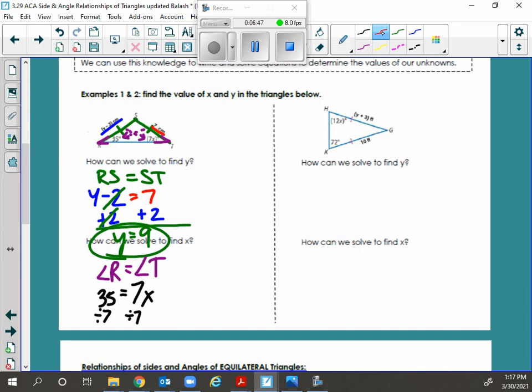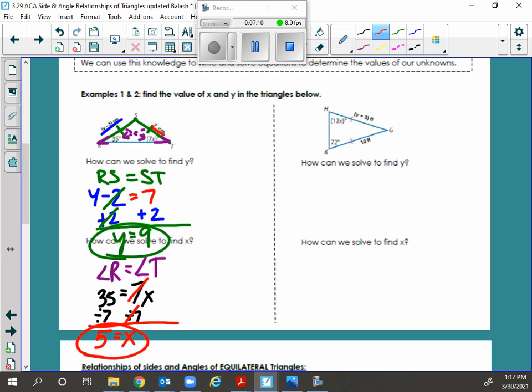That'll cancel out this multiplication of 7 with the division of 7, so both those go away. 35 divided by 7 gives me 5. And 7 divided by 7 leaves just 1x, which is what I want. So x would equal 5.